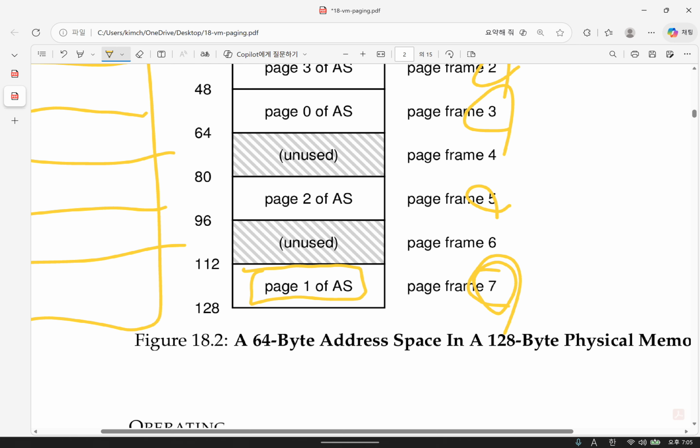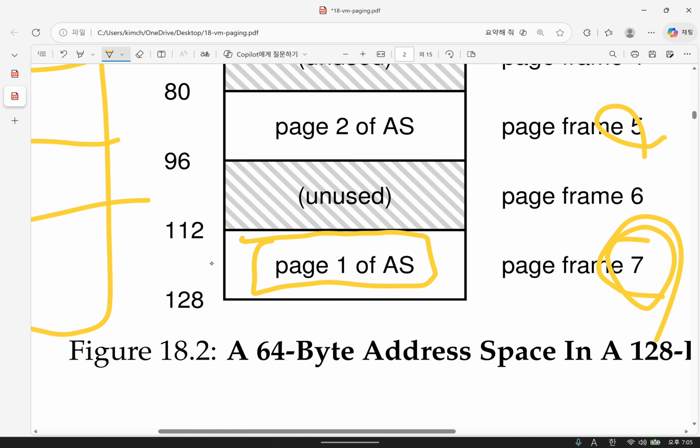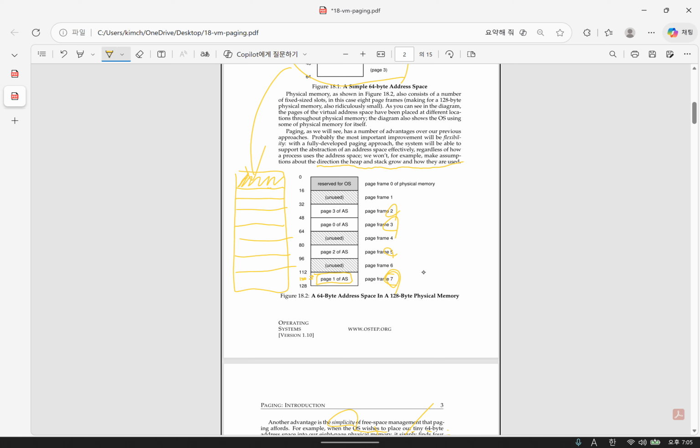So that's going to be about, so the half is how much? 120. So 117 is going to be about here, right? So that's where we get the address from.